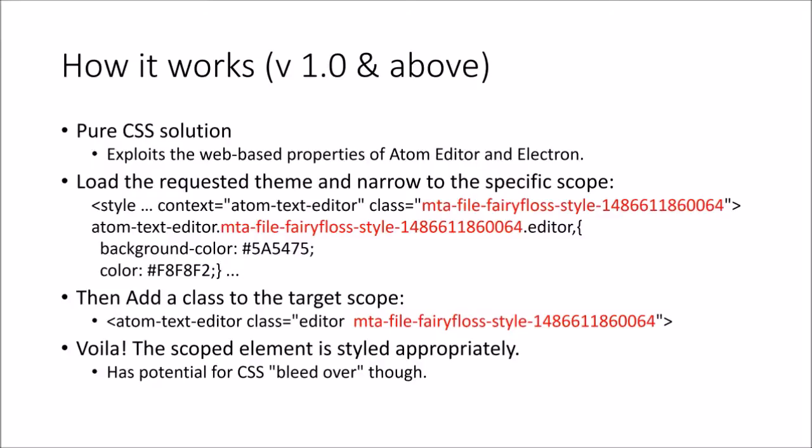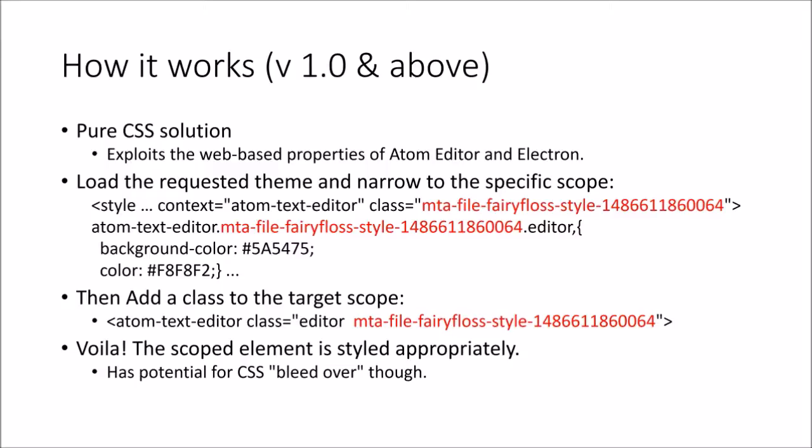Before we get into a demo, I want to talk a little bit about how it basically works. I assume that a lot of people using the Atom editor are probably familiar with CSS, cascading style sheets. One of the great things about Atom is that it has a full-blown Chrome web browser inside, along with Electron to make it work as a desktop app.